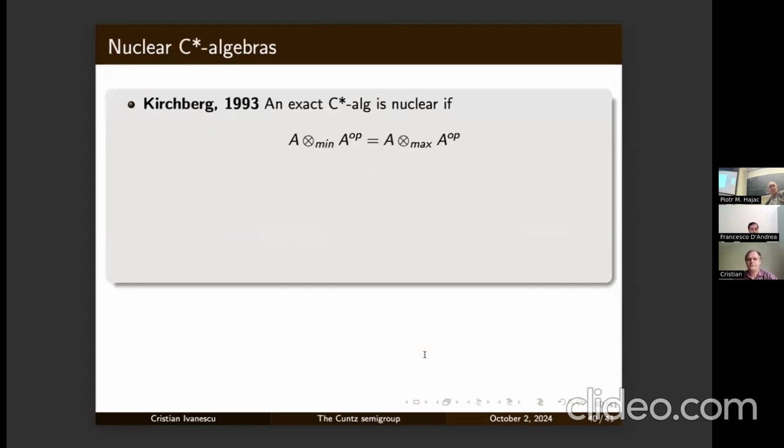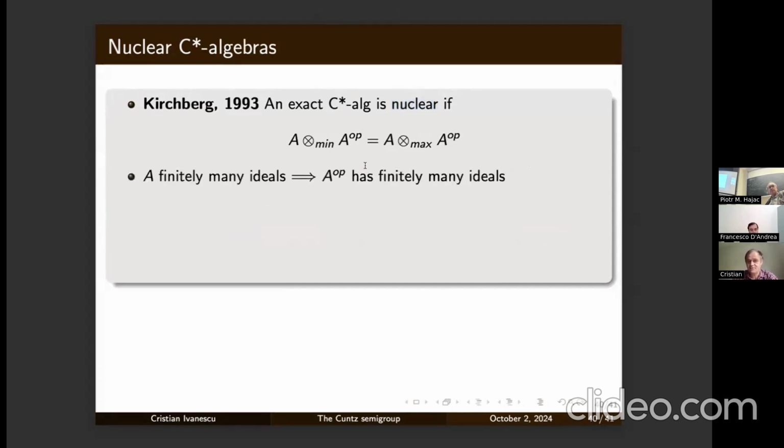And now finally, how about the nuclearity? This is a very nice result back in 1993 due to Kirchberg, where he says that an algebra A is an exact C*-algebra and A is nuclear. So we say A is nuclear if when you take the tensor product with the opposite algebra, minimal and maximal, these are isomorphic.